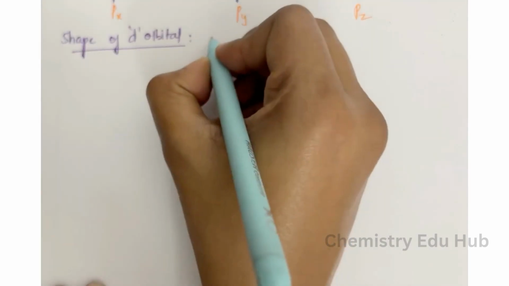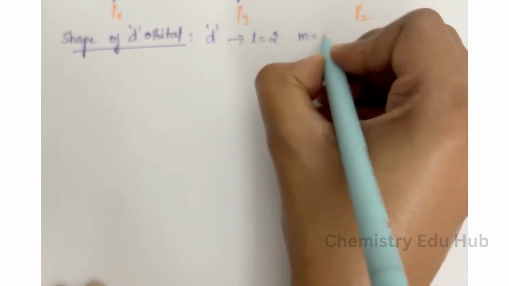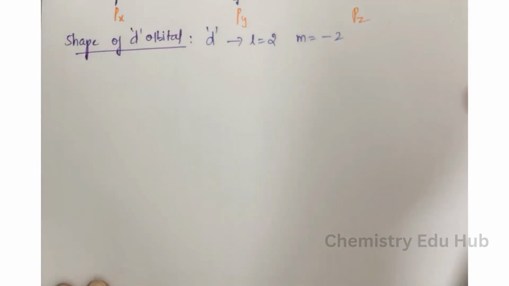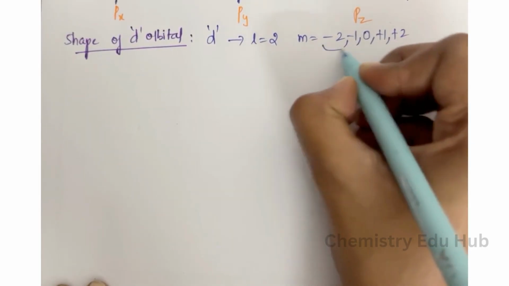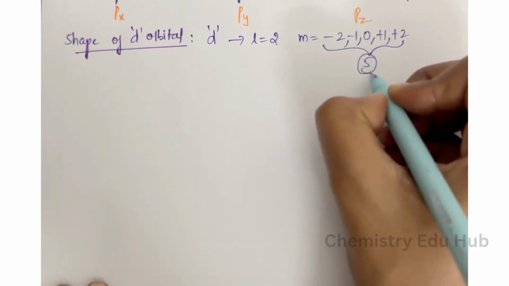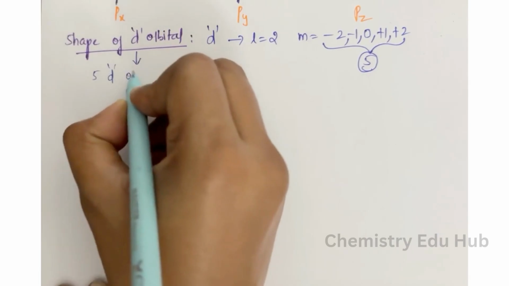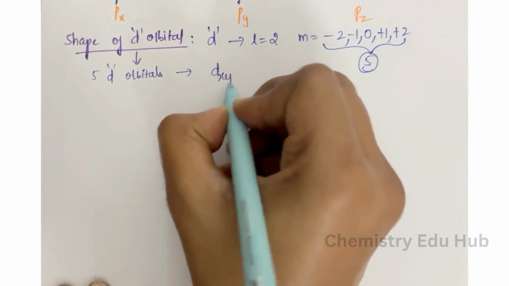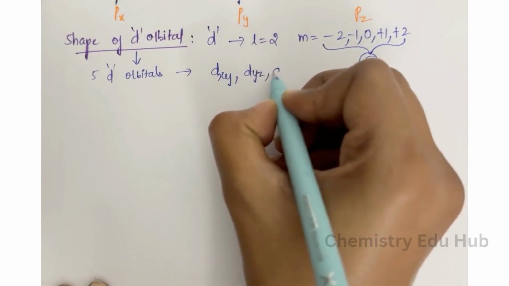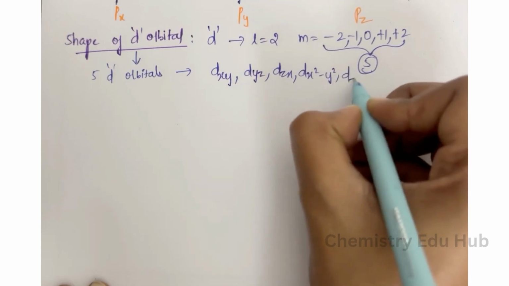Next is the shape of d orbital. So for d subshell, the L value is 2 and the m values will be 5, that is -2, -1, 0, +1, +2. That means this can be arranged in the 5 different ways. So d subshell will have 5 d orbitals and those are represented as dxy, dyz, dzx, dx square minus y square and dz square.